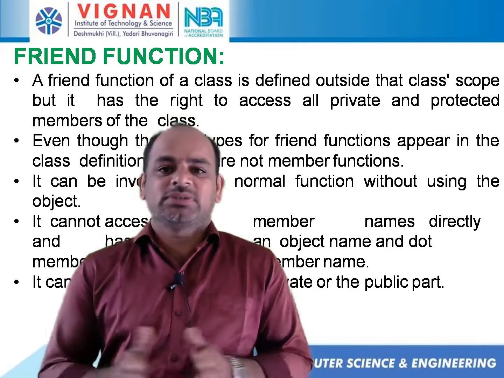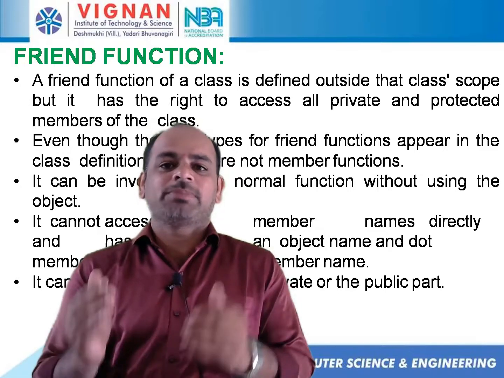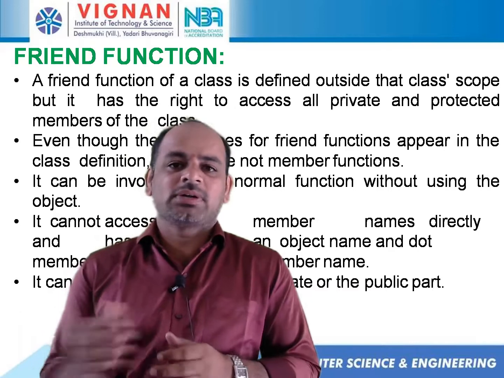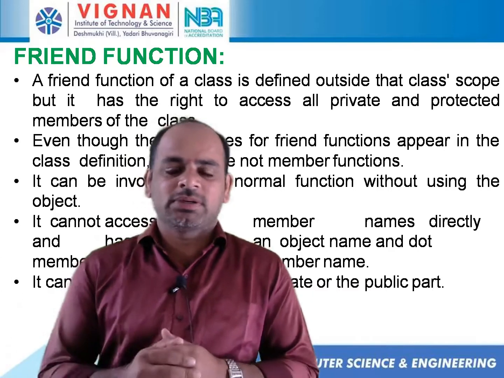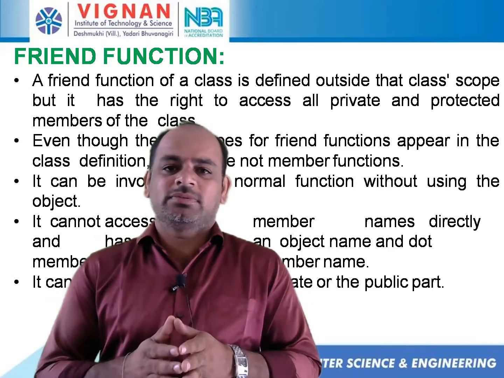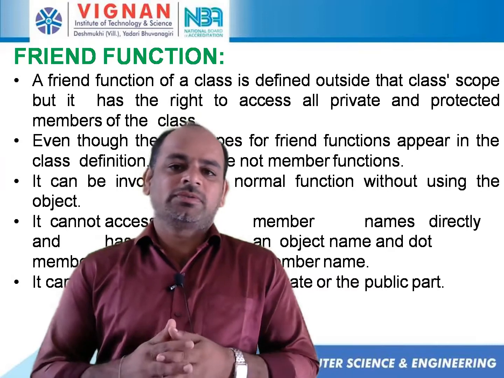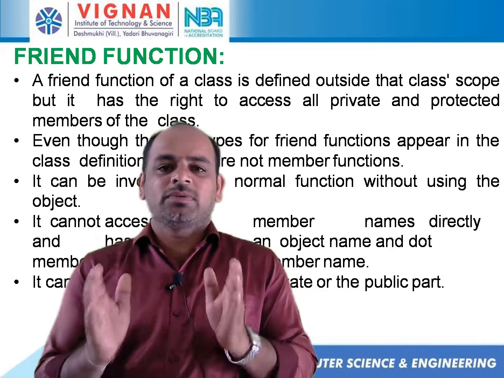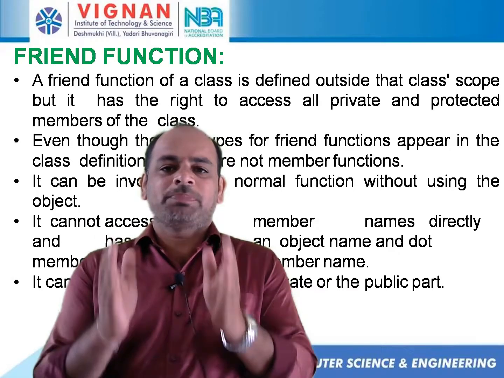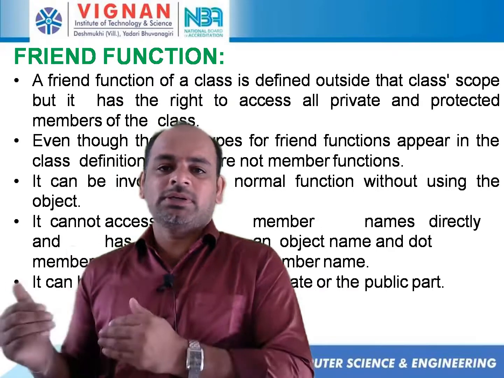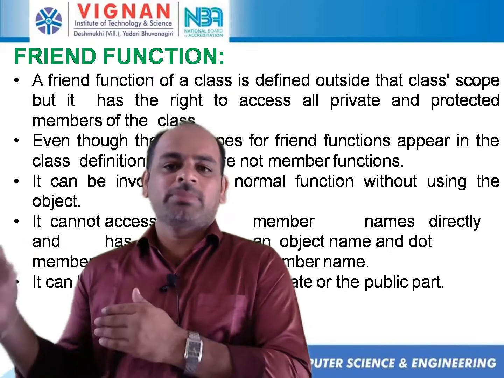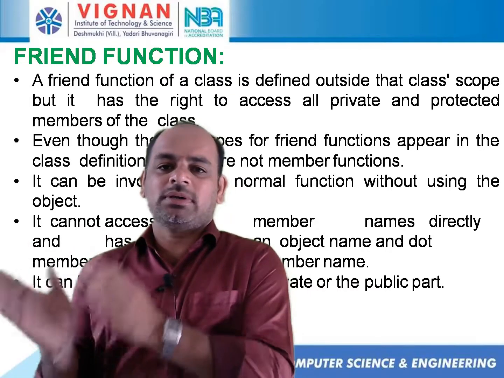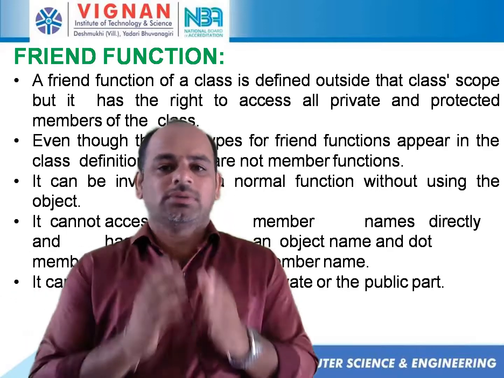In some situations, there is a need of accessing private members of a class by outside functions, another class, or the outside environment. In such a case, what do we have to do? We have one feature in C++, that is the friend function. If you want to access a private member of a class from the outside environment, maybe a function or maybe a class, you have to make that class or function a friend of that class.